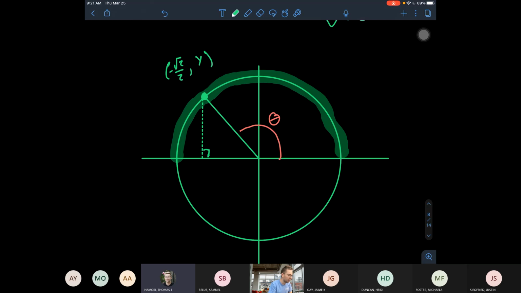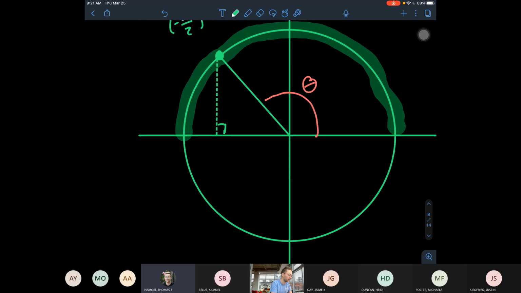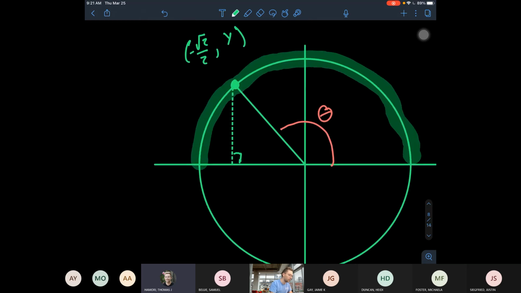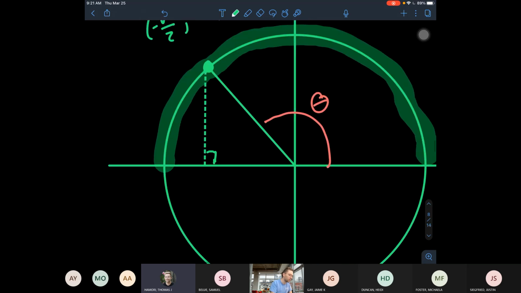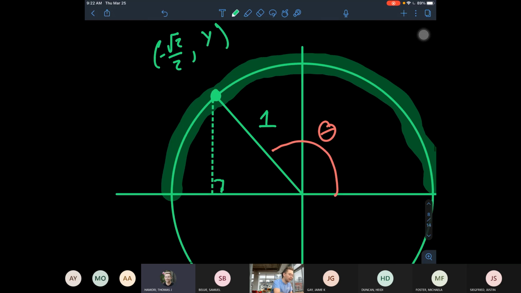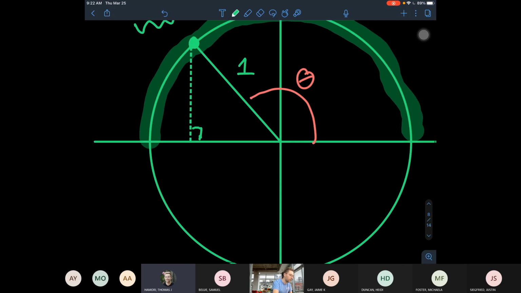And I even know something about the side length of this triangle. The side length of the hypotenuse, since it's a radius of the unit circle, is 1. And this x value is negative square root 2 over 2, so I know that this distance here is square root 2 over 2. The reason I made it positive is because I'm considering it as a distance this time.